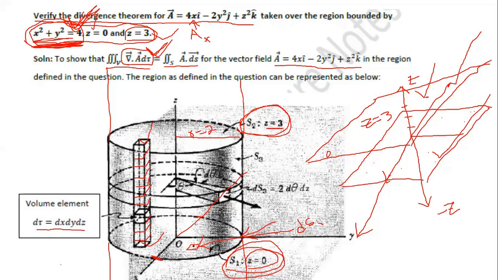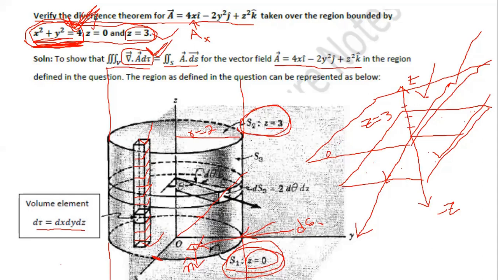So what is the outward direction? Outward means outward from the volume, so your outward direction will be downwards like this. Your n cap here will be the unit vector pointing outward from this volume.